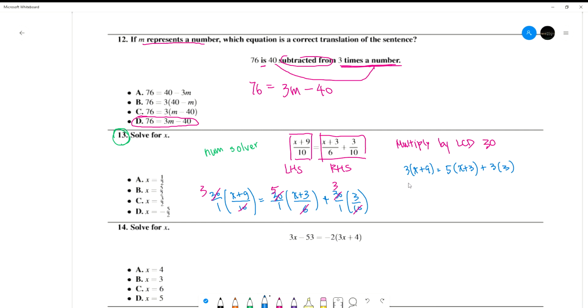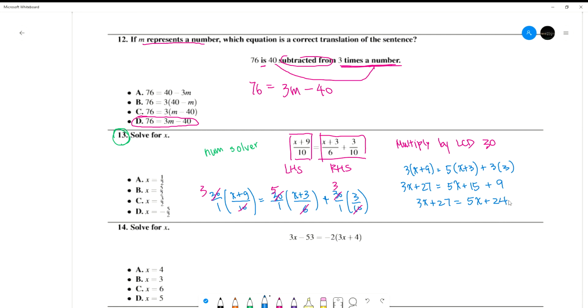So let's distribute and figure out what x is. So I have 3x plus 27 is equal to 5x plus 15 plus 9. So let's combine these like terms a bit, clean it up. Nothing on the left-hand side, but on the right I have 5x plus 24.